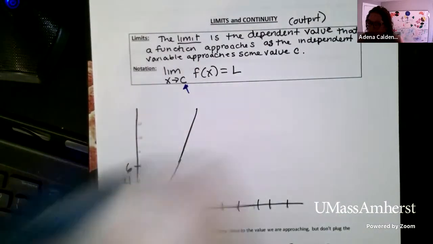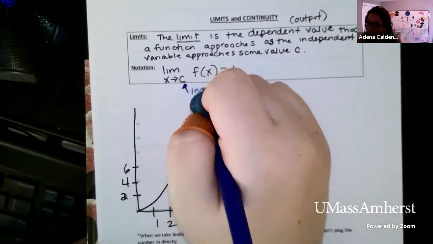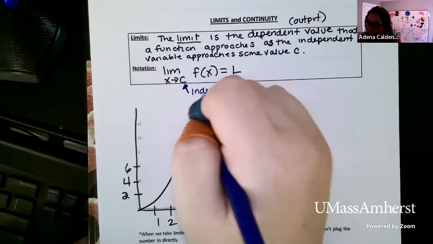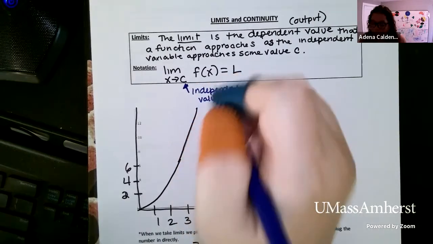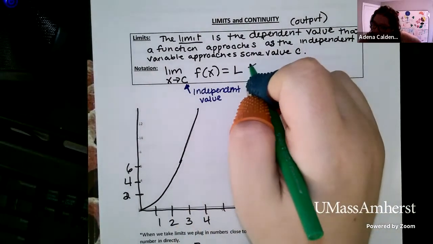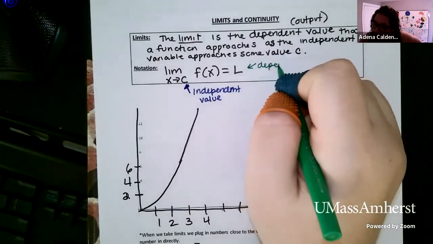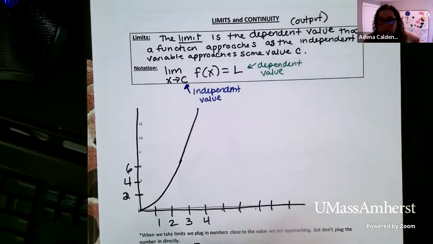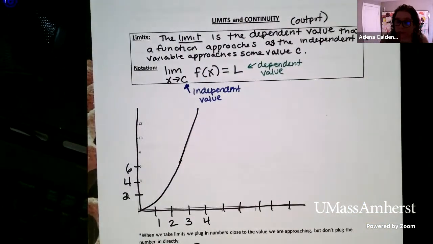That's going to be the independent value that we are approaching. And then the L is the dependent value that we are approaching. Okay, so what does this look like?